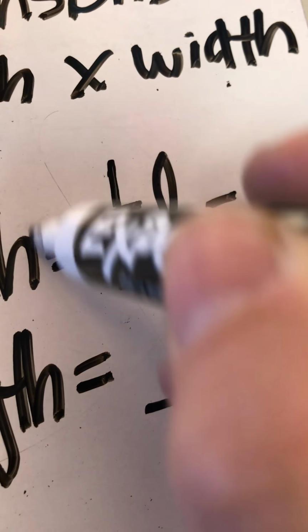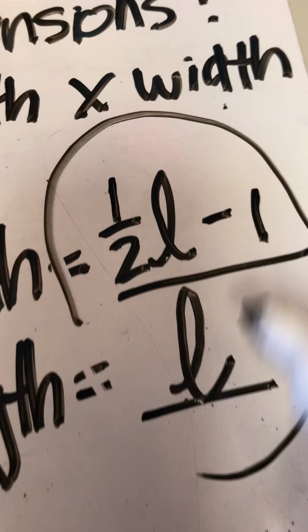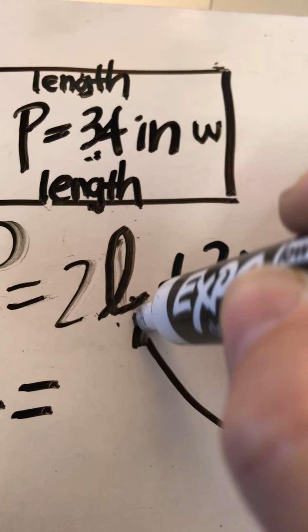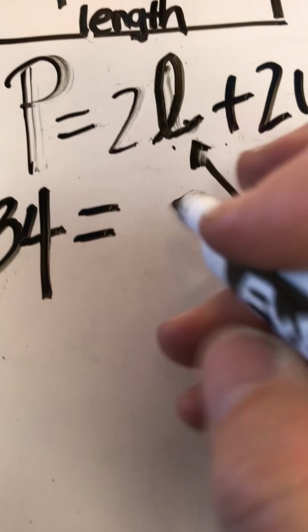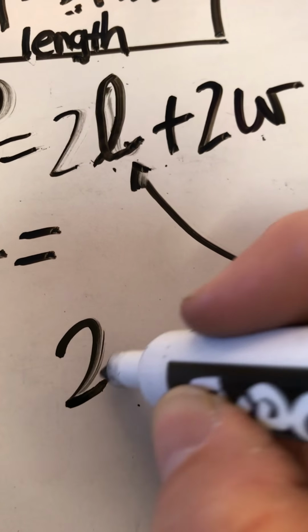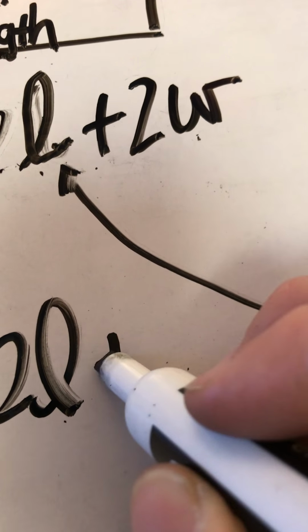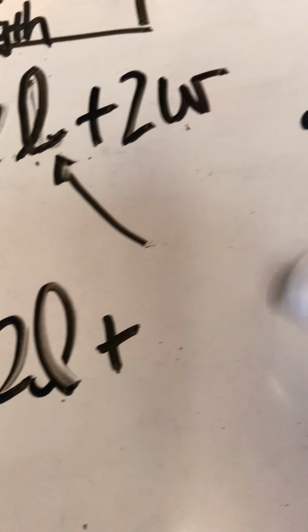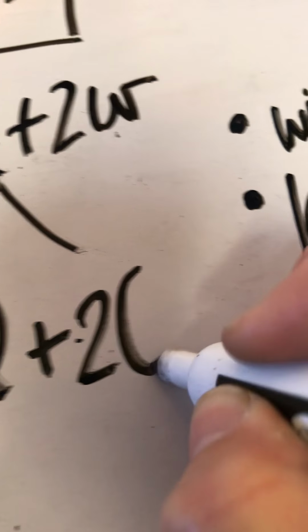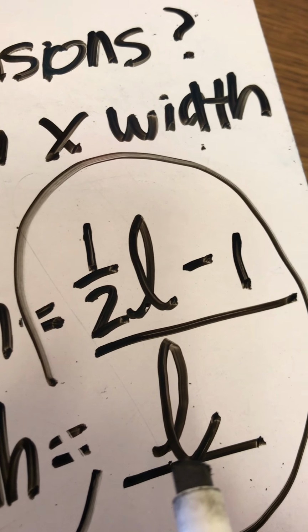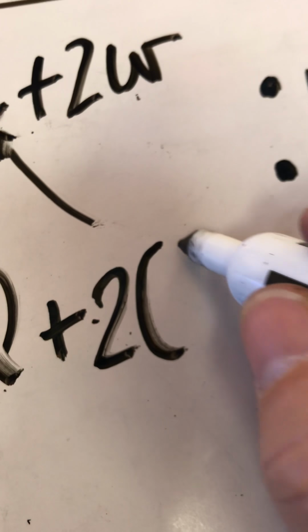I'm going to take this back over here to my formula. So 2 times L. My L isn't changing, but now my W is different. Plus 2, and we just defined 1/2 L minus 1 as our width.